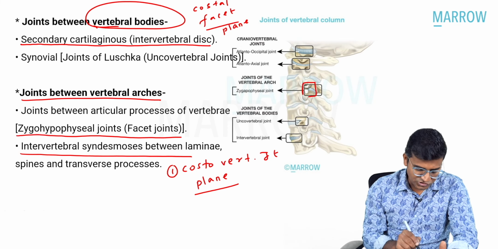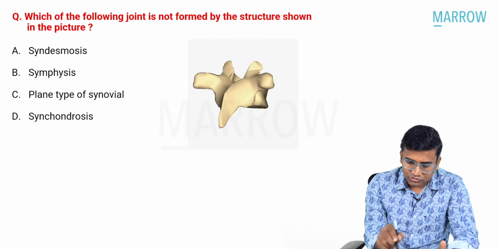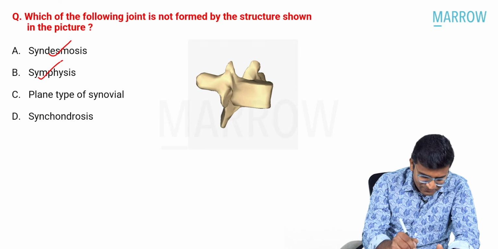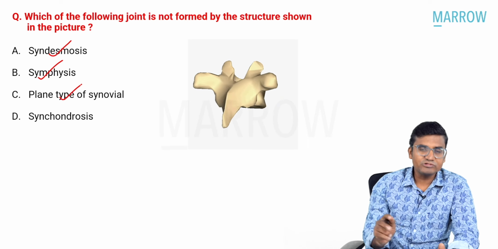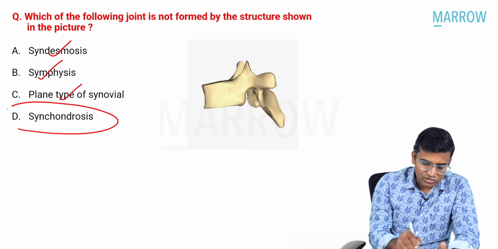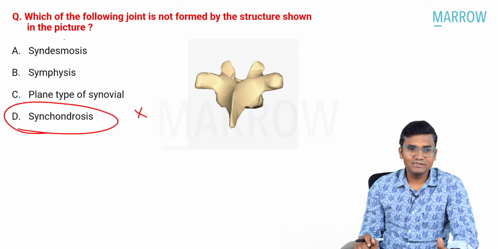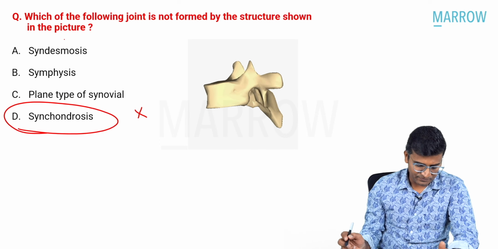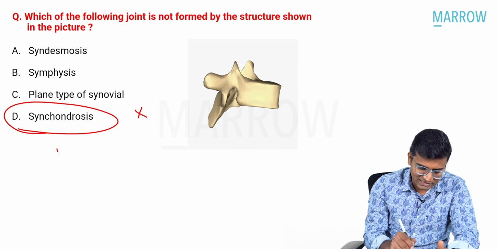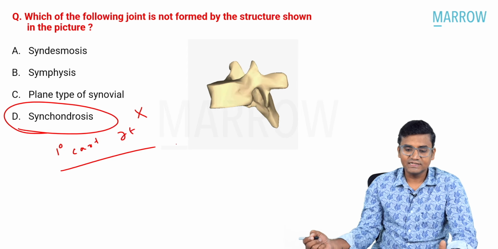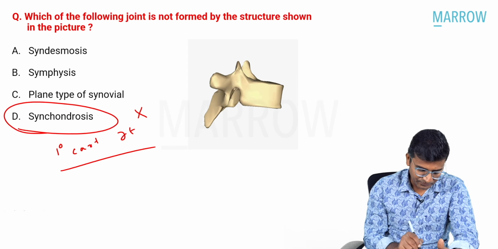So in the thoracic vertebra, you have syndesmosis type, fibrous joint, yes; symphysis type, yes; plane type of synovial, yes. But synchondrosis, otherwise known as primary cartilaginous joint, is not seen in the thoracic vertebra.